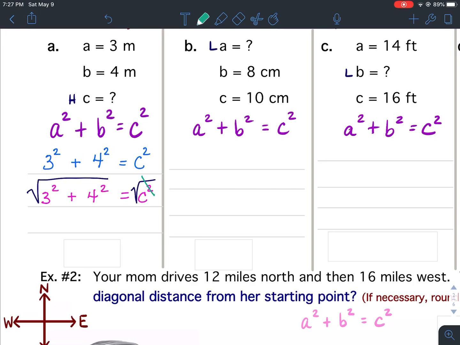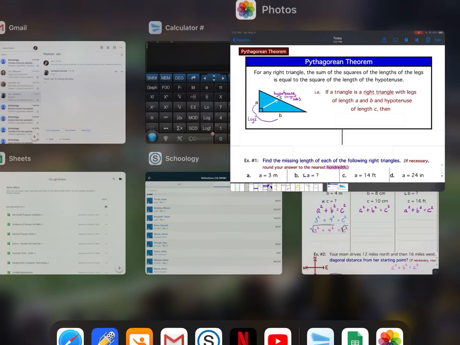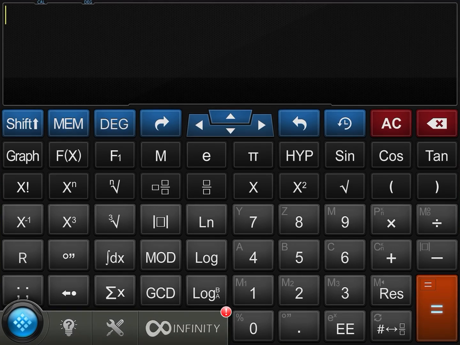The way it looks, this right here, you're going to put that into your calculator just how it looks. I'm going to press the square root symbol first, and then 3 squared plus 4 squared. I'm solving for the hypotenuse, so it's addition. 3 squared plus 4 squared, hit enter, and we get 5.